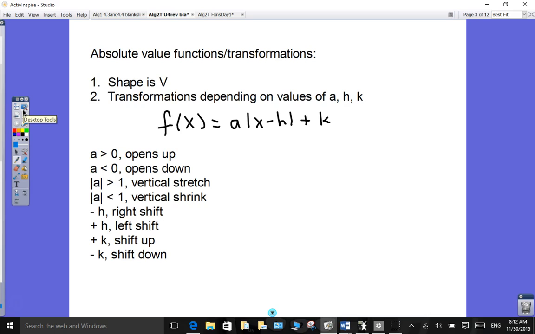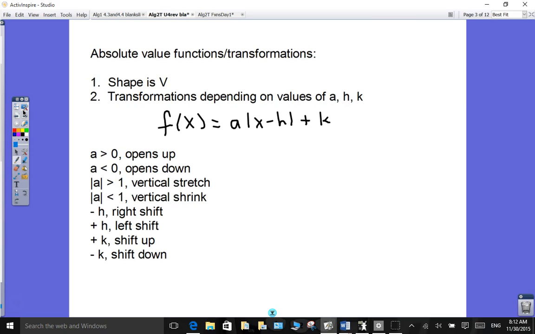Okay, transformations. Remember that the absolute value graph is a V, right? If you put down something that's not a V, then we're going to miss most of the credit, because that's something we should understand. It's a V which is symmetric, right? Each side of the V has a slope which is plus and minus the same number.